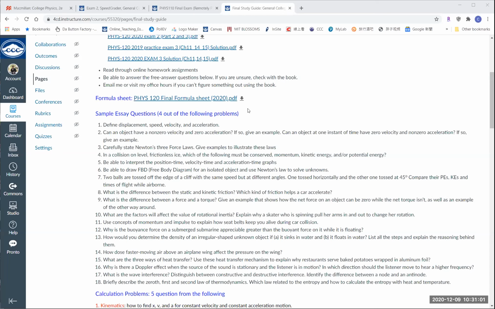Number three, Newton's laws. I think we talked about this before. The first law is the law of inertia: when the net force is equal to zero, an object is either at rest or moving at a constant velocity. The second law is the law of motion. If you have a net force, not equal to zero, then the object will accelerate along the direction of the net force.